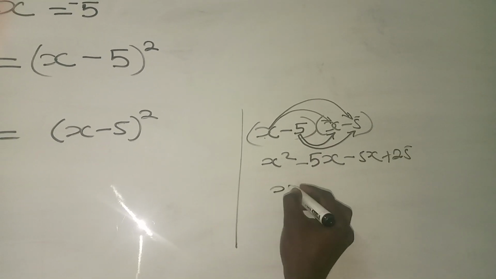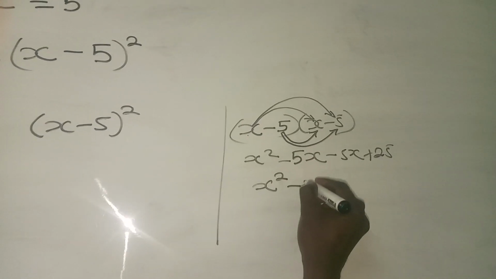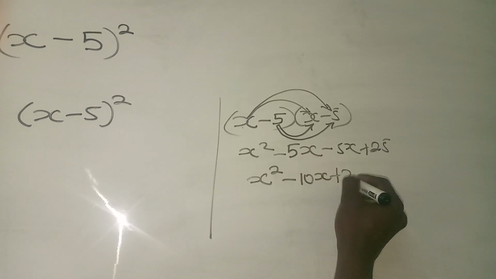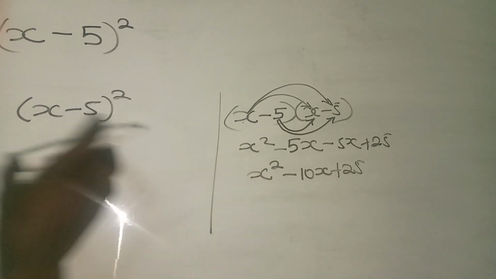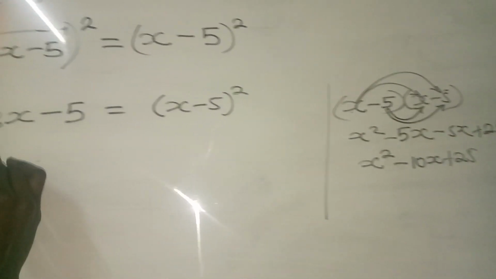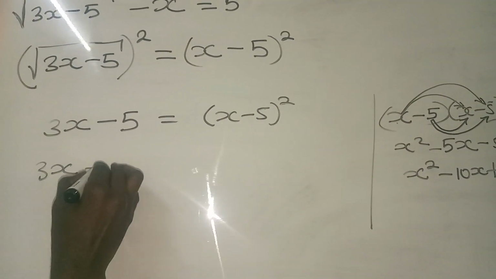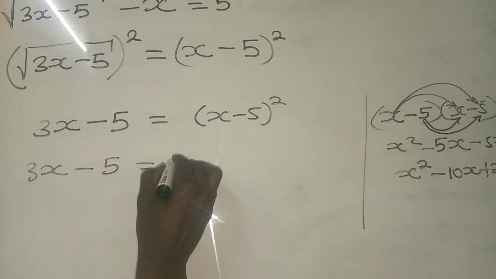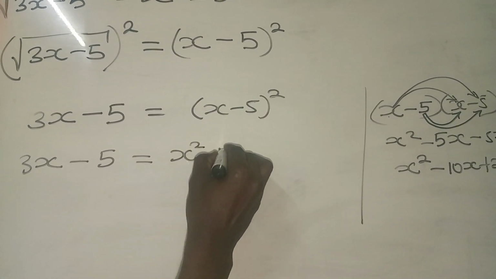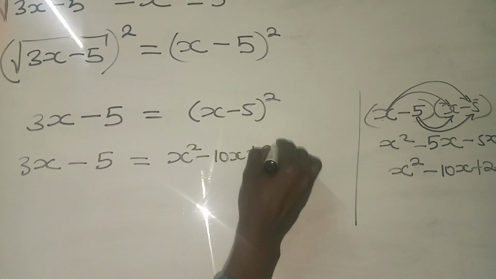So this becomes x squared minus 10x plus 25. Now this is what we are going to substitute here, and we say 3x minus 5 is equal to x squared minus 10x plus 25.